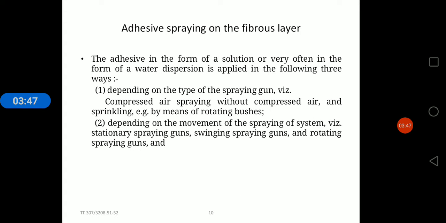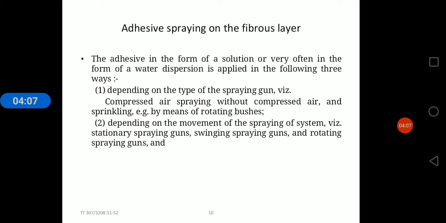Adhesive spraying on the fibrous layer. The adhesive in the form of solution or very often in the form of water dispersion is applied in the following three ways depending on the type of spraying gun: compressed air spraying, spraying without compressed air, and sprinkling by means of rotating brushes.